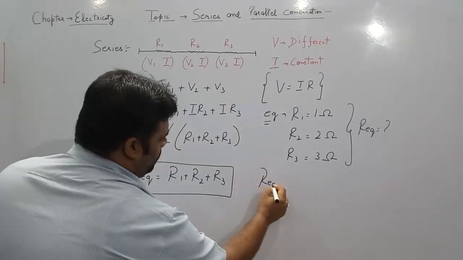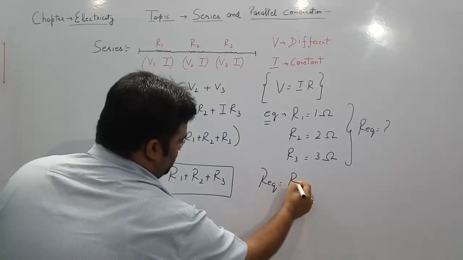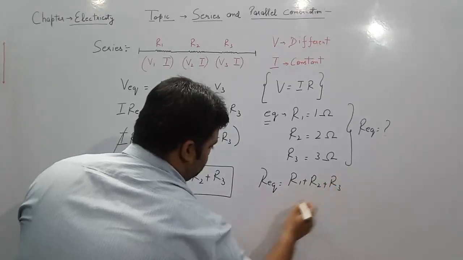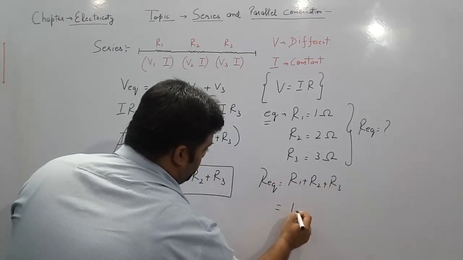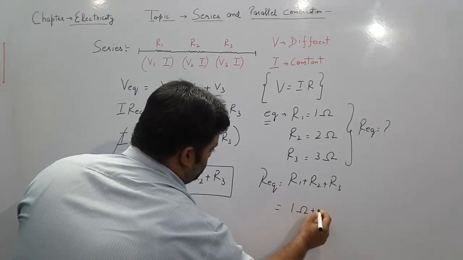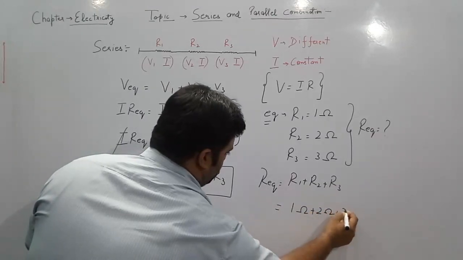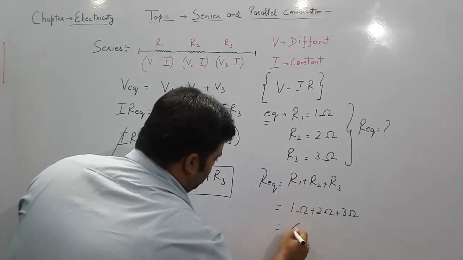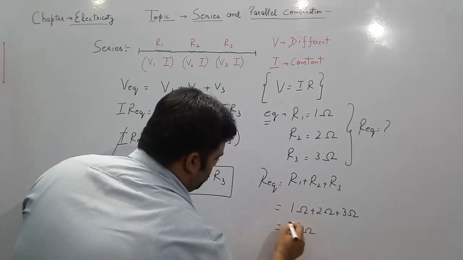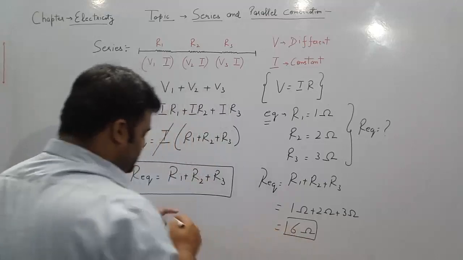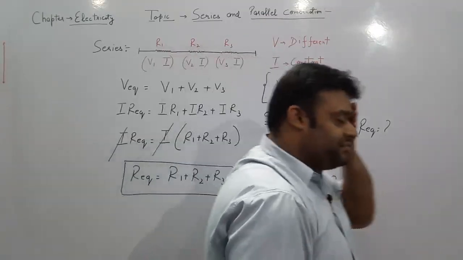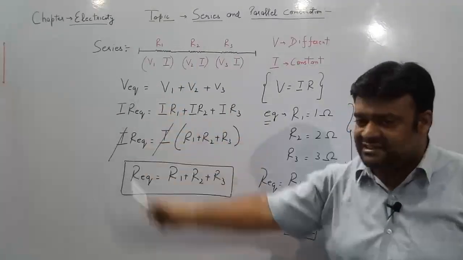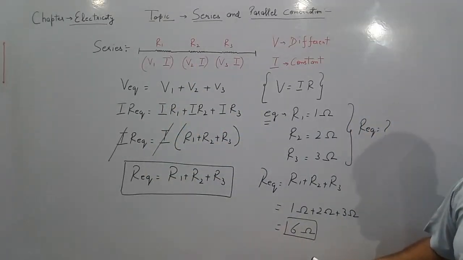Then R equivalent is equal to R1 plus R2 plus R3, that is 1 ohm plus 2 ohm plus 3 ohm. It will become 3 plus 2 is 5, 5 plus 1 is 6 ohm. So equivalent resistance in series combination in this case, when we find the sum of all the resistances, it will become 6 ohm.